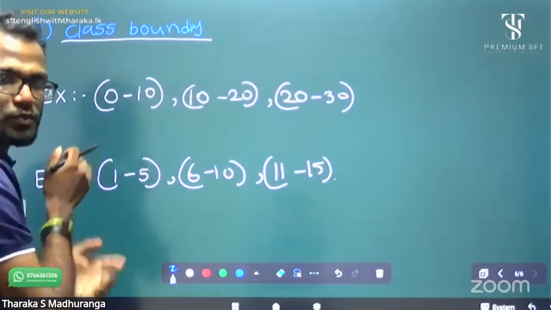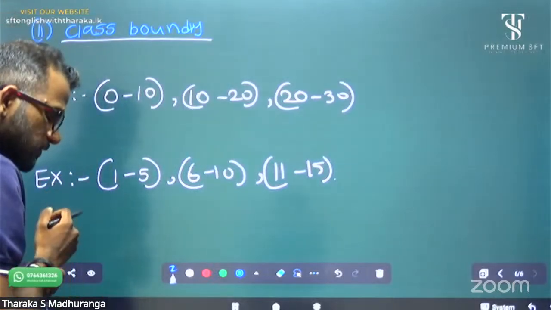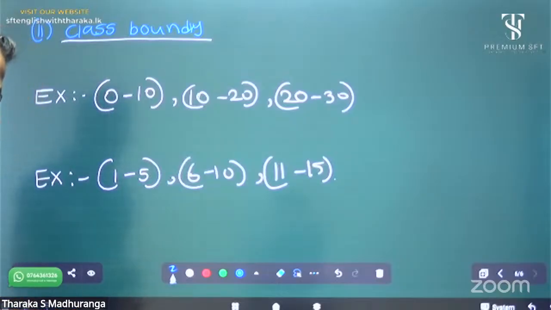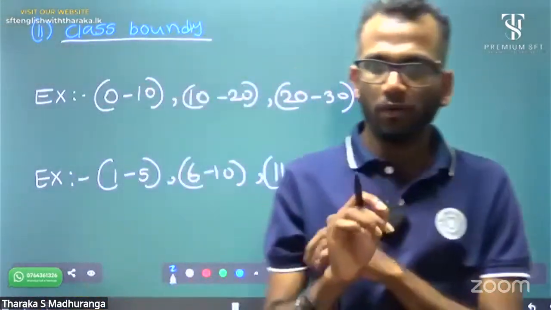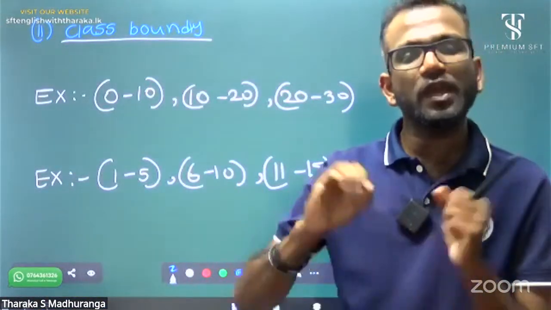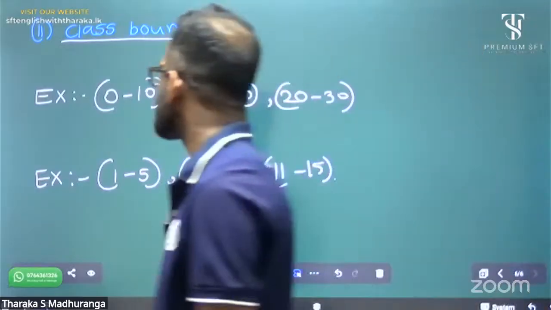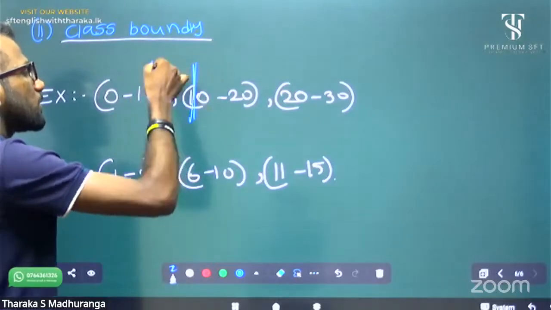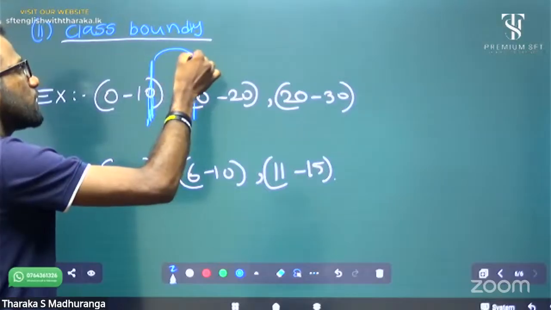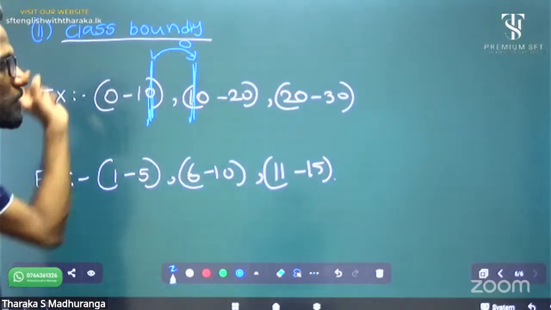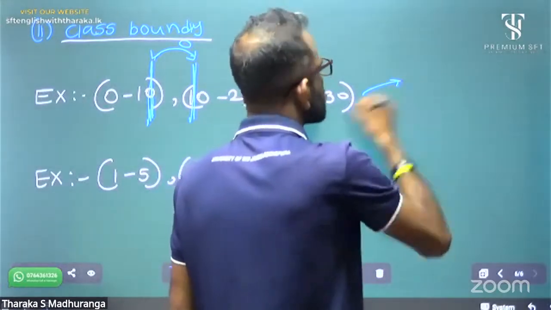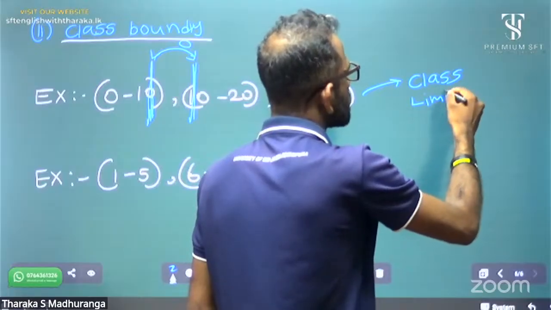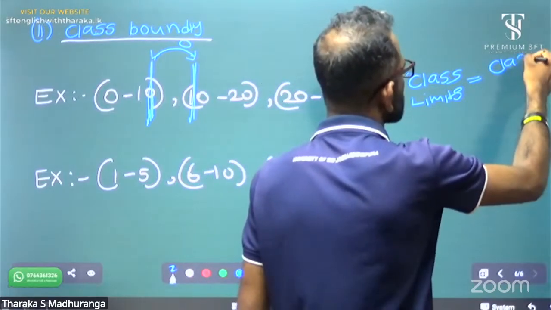If we consider two nearby classes, two groups, we can make these classes without any gap. How about the gap between these two values, 10 and 10? It is 0. Therefore remember, in continuous group frequency distributions, class limits equal class boundaries.